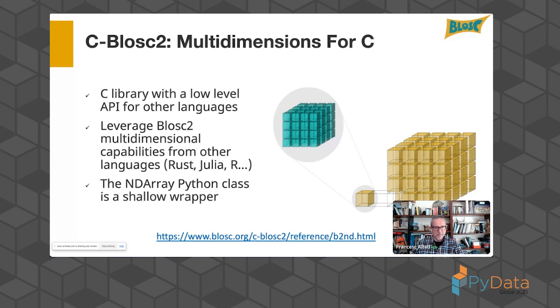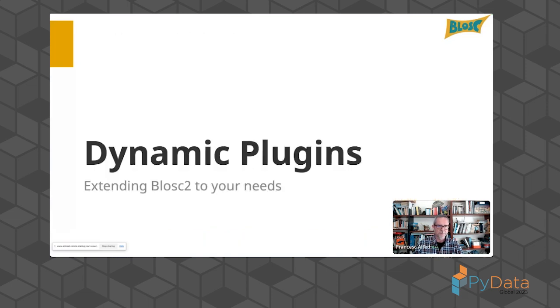Actually, the NDArray Python class that I have shown some slides ago is a very shallow wrapper on top of the C-Blosc2 library. So that's interesting in order to make other languages leverage Blosc2. It's not only for Python. Okay, so this is the introduction to Blosc2.